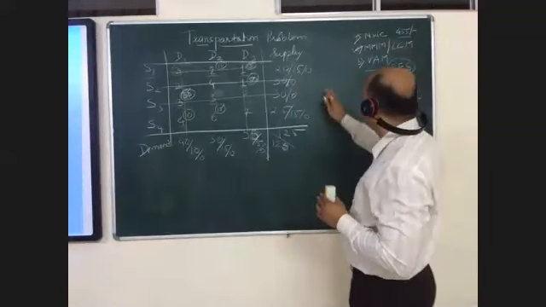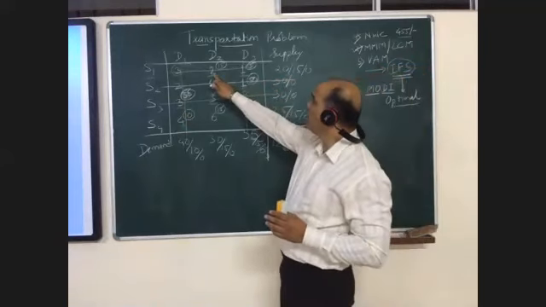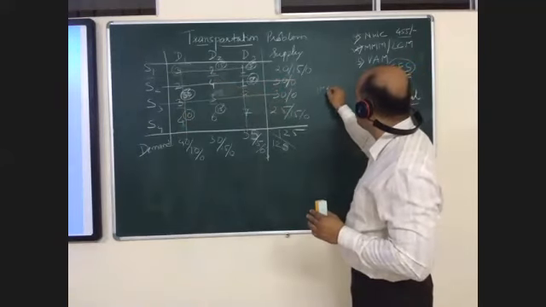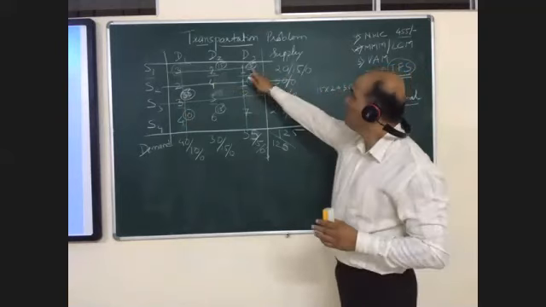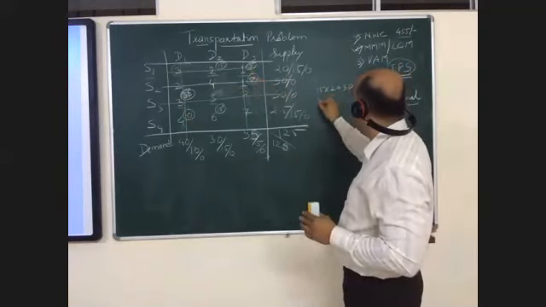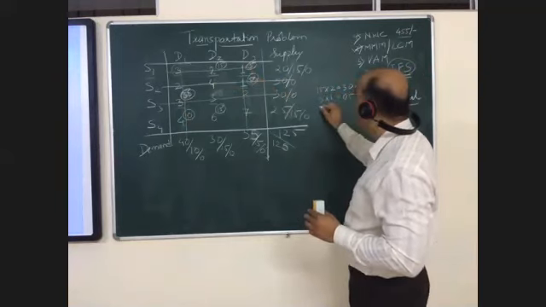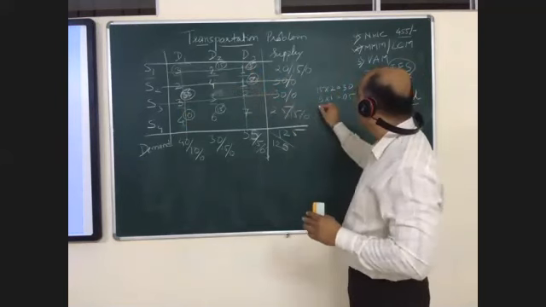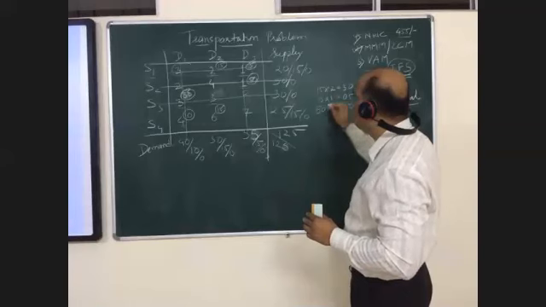That is the logic. Let's find out the initial feasible solution. I'll start from here. It is 15 units at 2 rupees, 5 units at 1 rupee, this 50 units at 1 rupee.